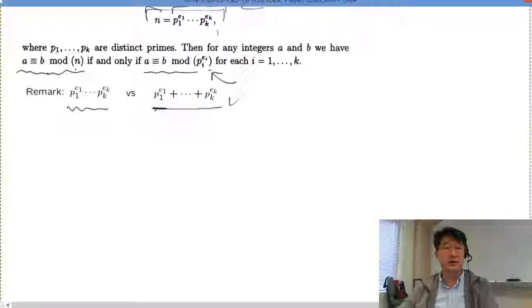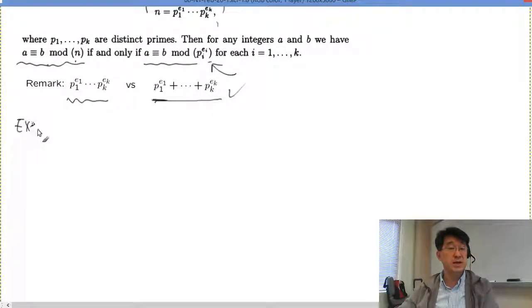So I want you to think about it here. Exercise number 1 is an easier case.